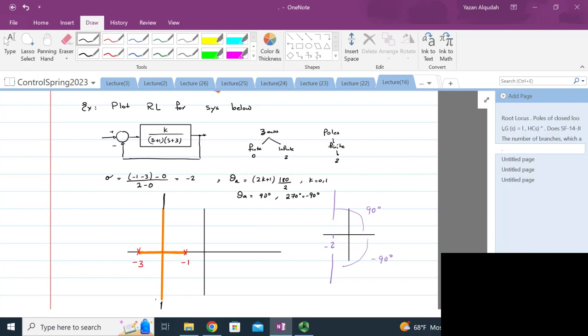Somebody could have objected and said, oh, why did you plot it like this? Why did you not plot it like this? I mean, this would be valid according to my asymptotes rule. Make sense? This is a valid graph. Asymptote at 90, asymptote at negative 90.